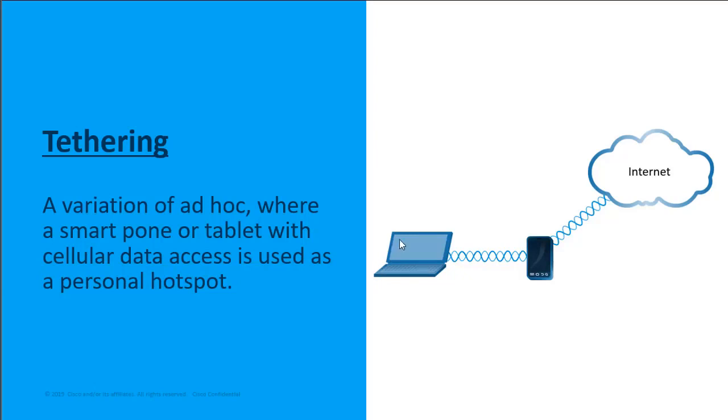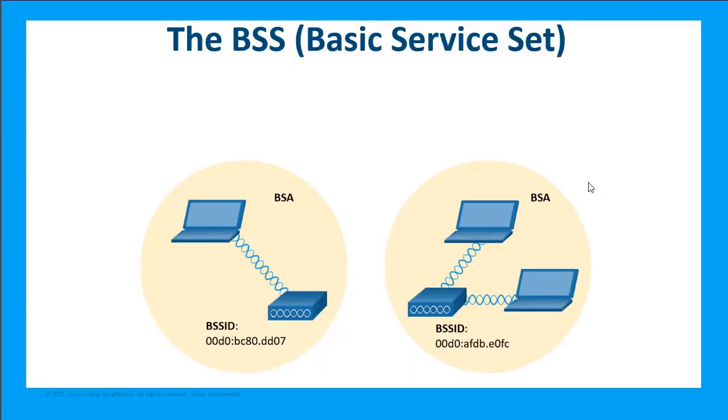From there, our devices that do not normally have cellular data access can connect through that cellular data device, and that's called tethering. It really is similar to ad hoc, where we're going to be using a peer-to-peer connection from, let's say, our laptop or a non-cellular data device with this cellular device, and then that cellular device itself will connect out to the cellular data network.